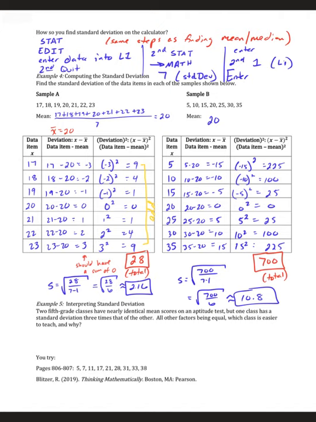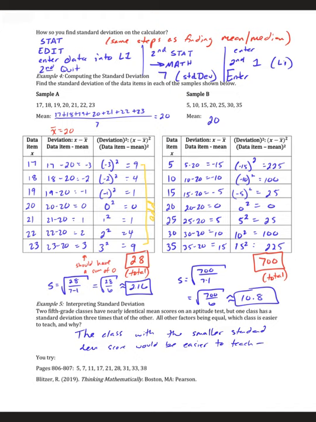So, right, the sample A class, or the ones with the smaller standard deviation, would be easier to teach. We're going to say the class with the smaller standard deviation score would be easier to teach.